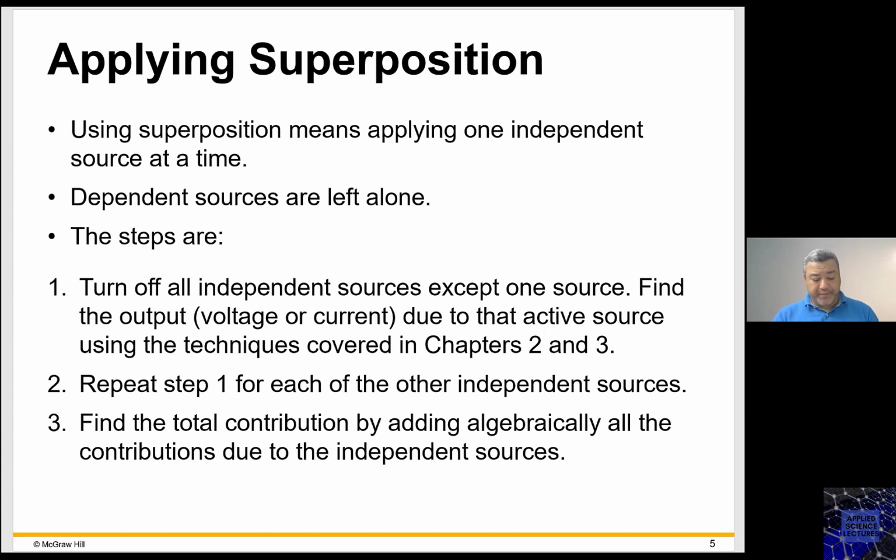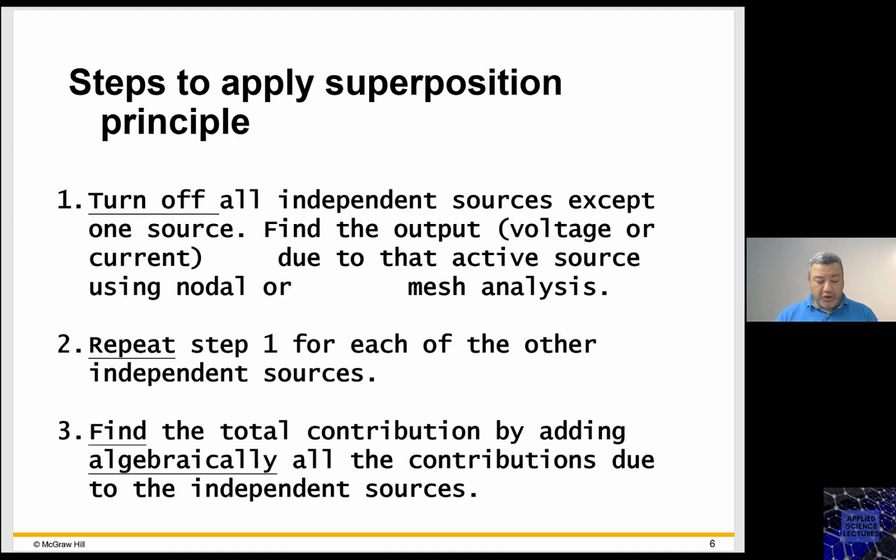So as I said, we are only dealing with independent sources in terms of switching them off and keeping one at a time. We don't touch the dependent sources. And then at the end, we do algebraic summation of those responses to find the total value, either a voltage or a current. So how do we do it?